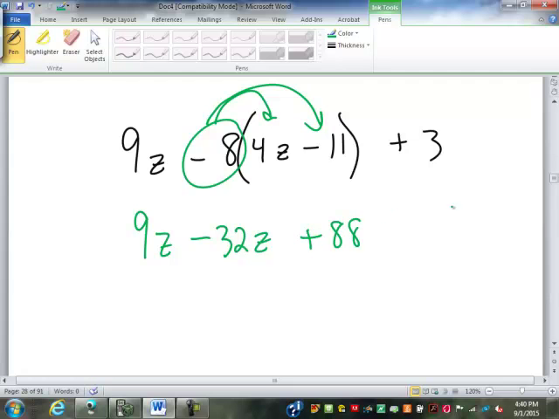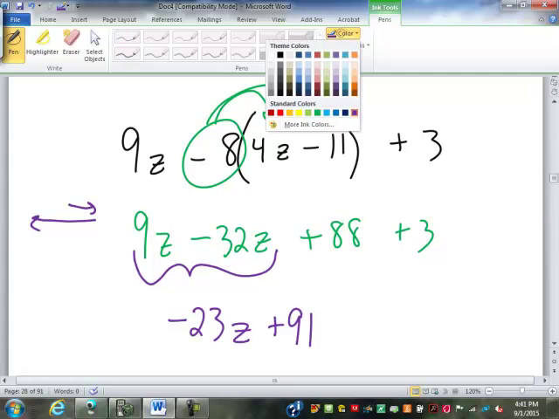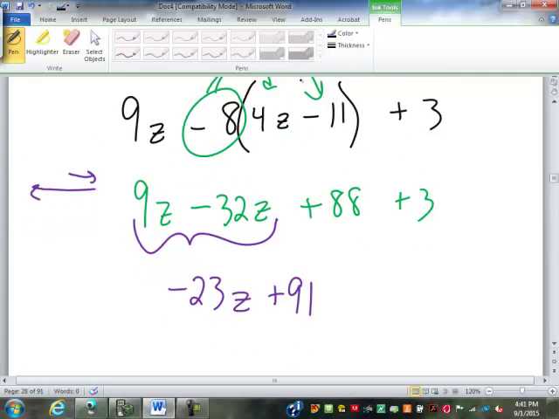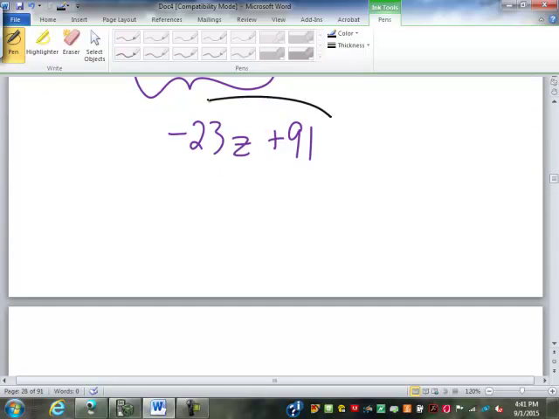And then bring down the plus 3. Next, combine positive 9 and negative 32, which would be negative 23z and plus 91. Cool. Questions? Okay. That's considered simplified right there. We can't go any further because this is z and this is just 1. So we can't combine them any further.